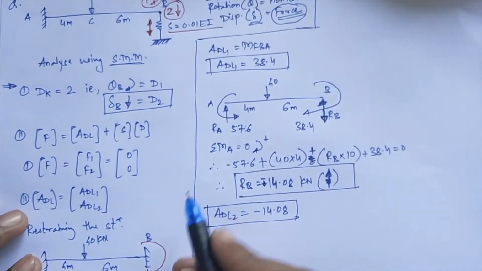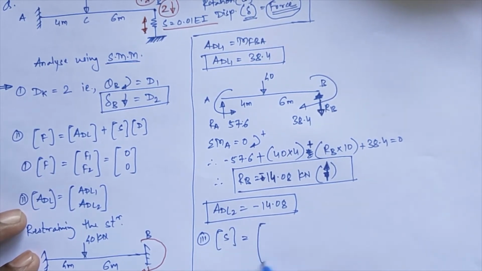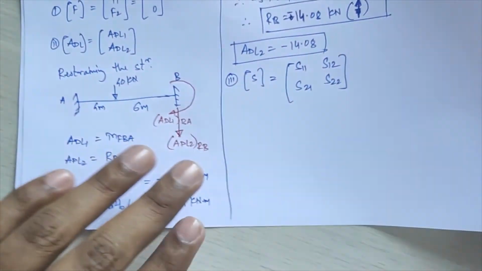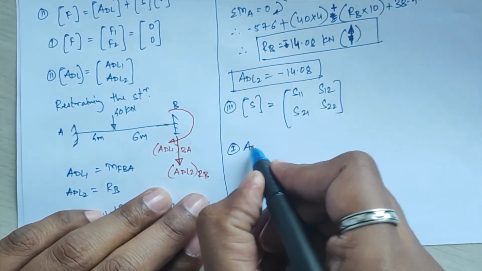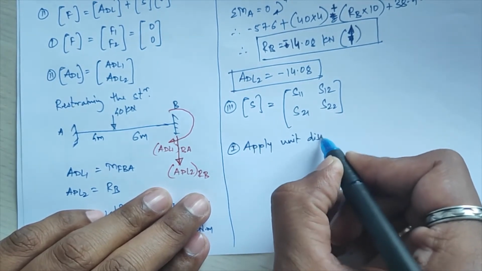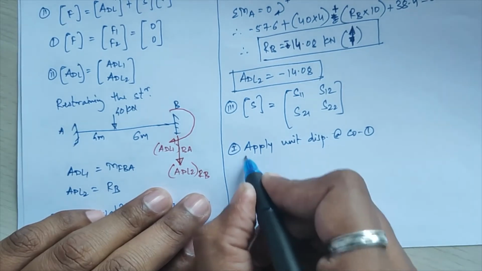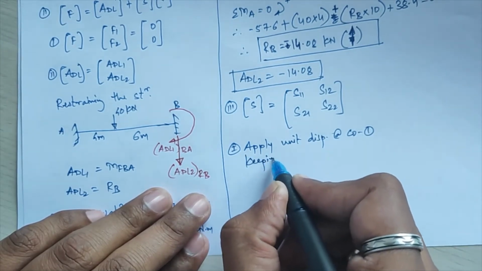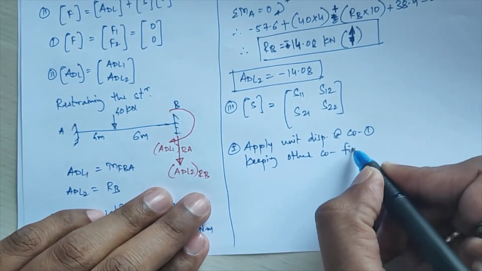So the third one, that is the S matrix. So S matrix will be having S11, S12, S21 and S22. Okay, so for S11 we'll apply first Roman over here. In that, apply unit displacement at coordinate 1, keeping other coordinates fixed.